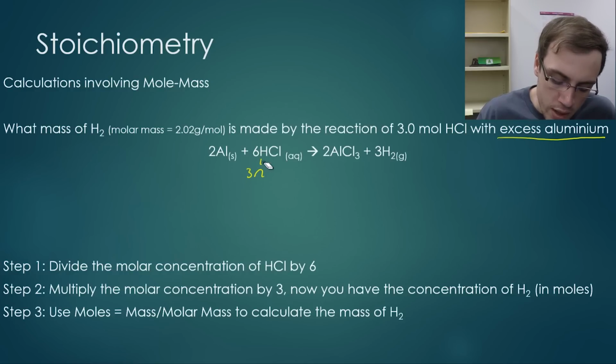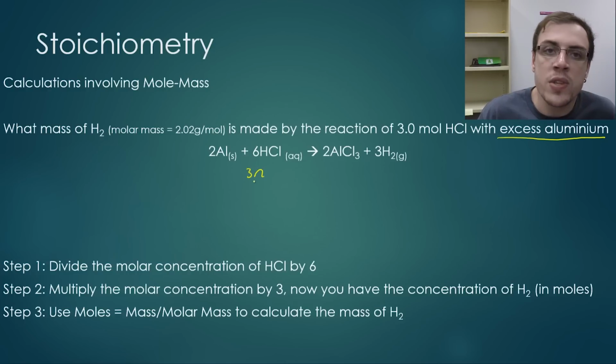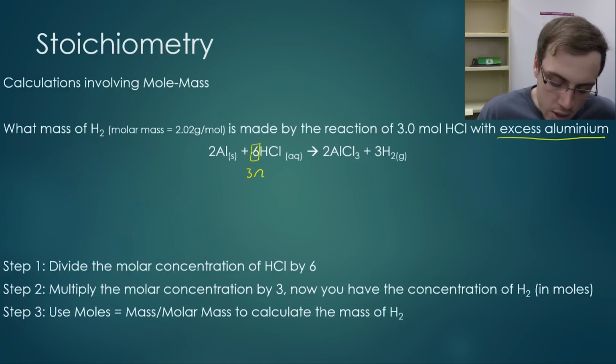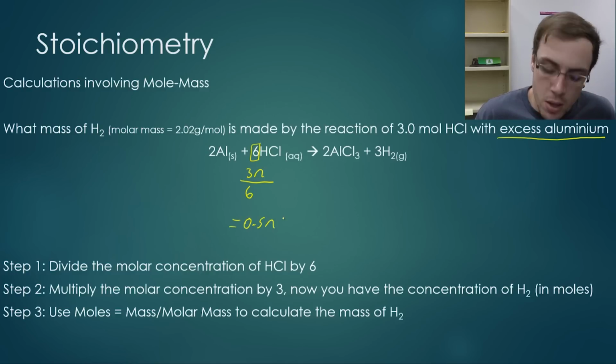So we know we have 3 moles of hydrochloric acid. What I'm going to do is take 3 moles and divide it by 6, which is the coefficient up here. So we have 3 moles of 6 hydrochloric acid. We take our 3 moles and divide it by 6, and this will give us 0.5 moles.